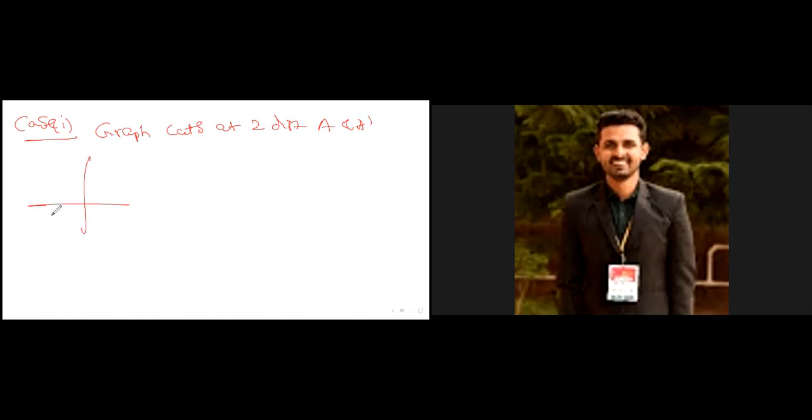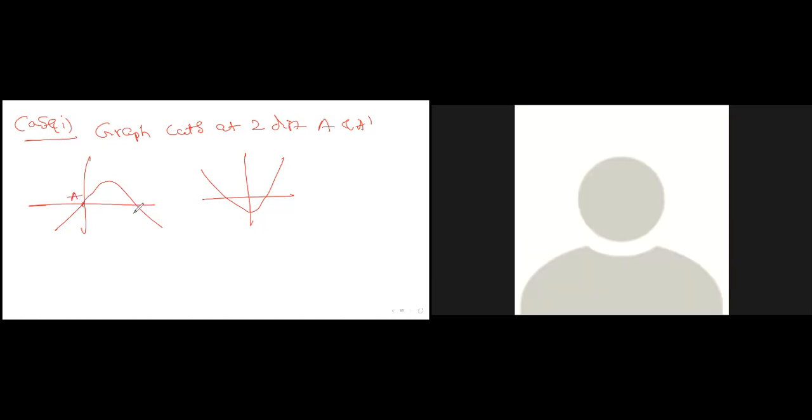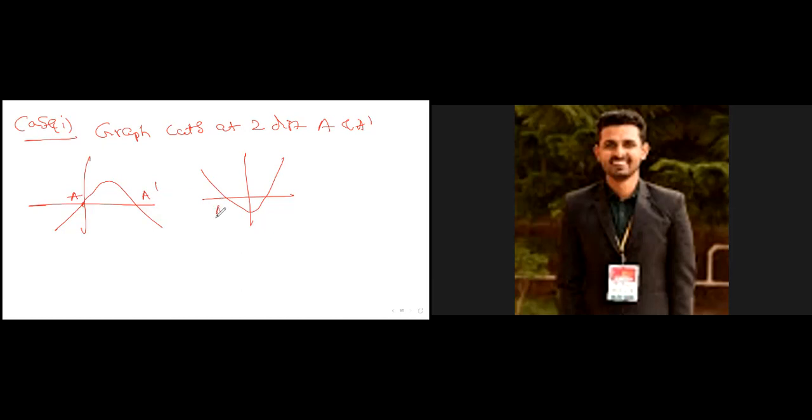Such cases will be like this, or the one which I drew previously. So this cuts at this point A, and this is A prime. Similarly, A and A prime. This is case one. So if you are drawing a graph of a quadratic polynomial, in the first case you may get this kind of graph.